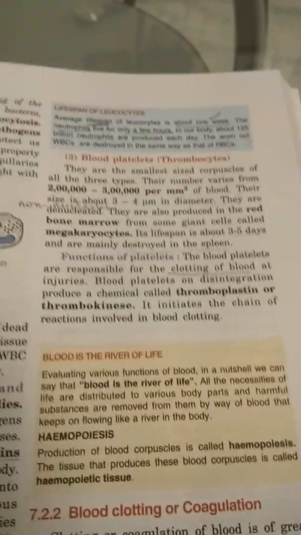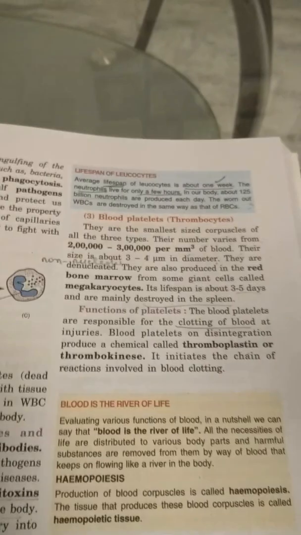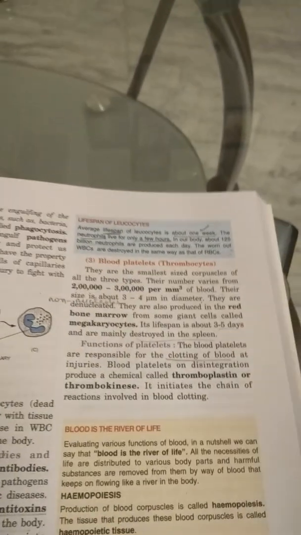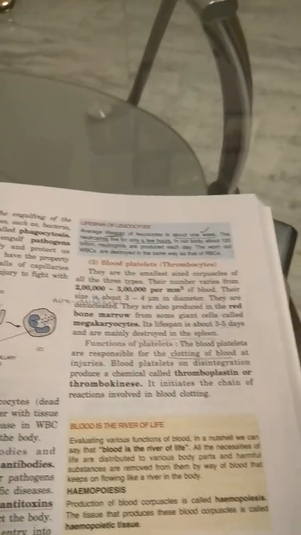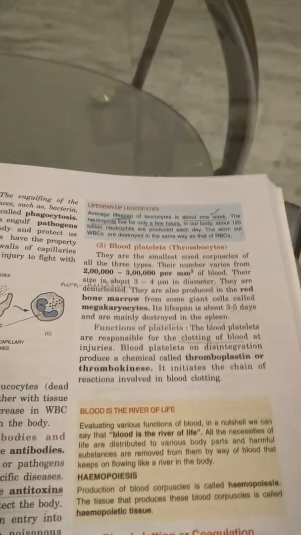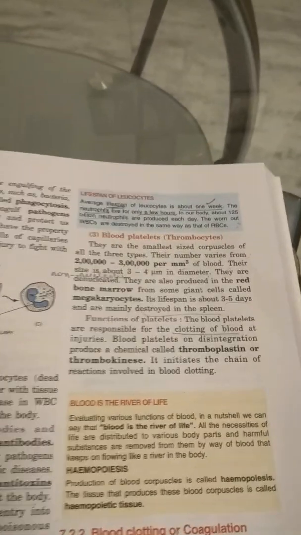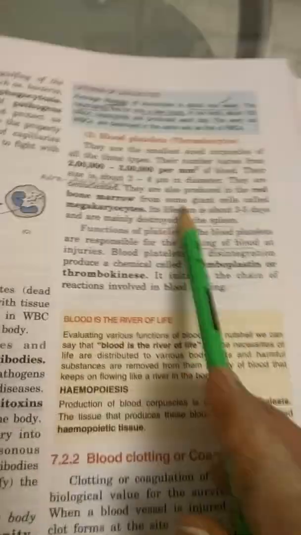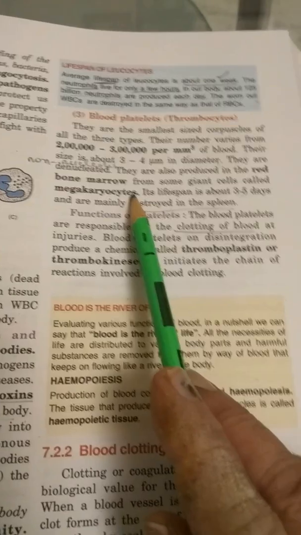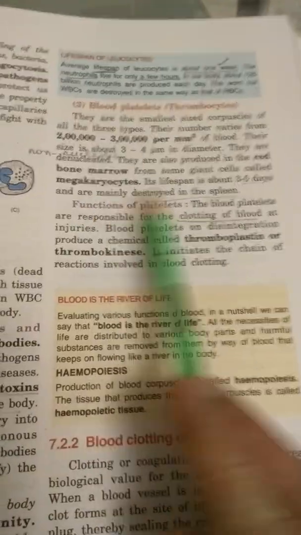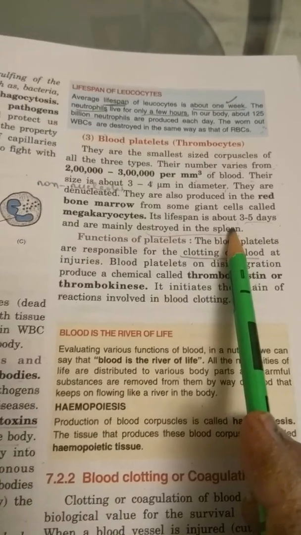From those giant cells, small fragments get separated and get surrounded by a membrane. These fragments are nothing else but blood platelets or thrombocytes. So they are produced in the red bone marrow from giant cells called megakaryocytes. Their lifespan is hardly 3 to 5 days and they are mainly destroyed in the spleen.